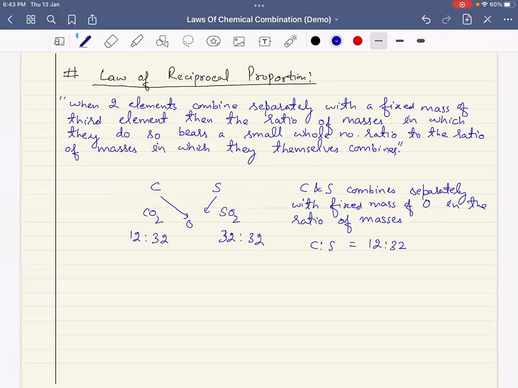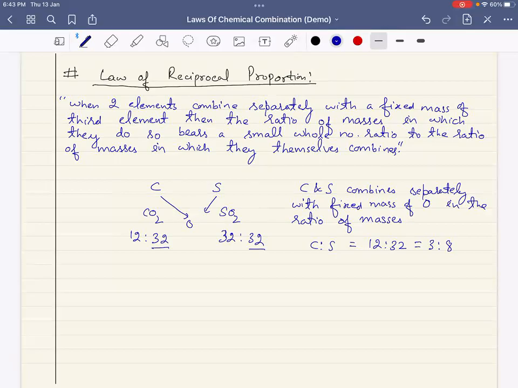So here we can see that the mass of the oxygen, that is the third element, is constant, that is 32. So the mass ratio of carbon and sulfur will be 12:32, or we can say 3:8. So they are combining in this ratio.